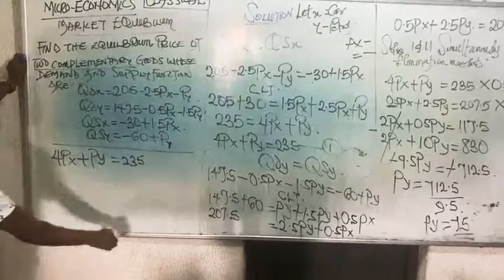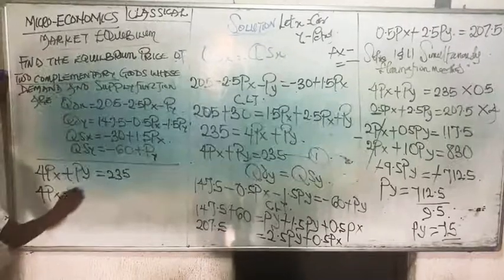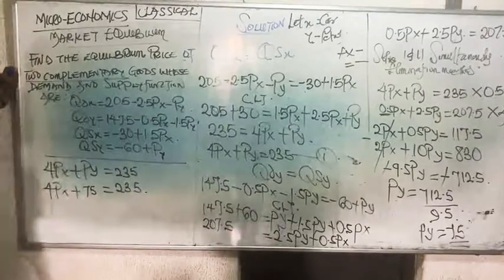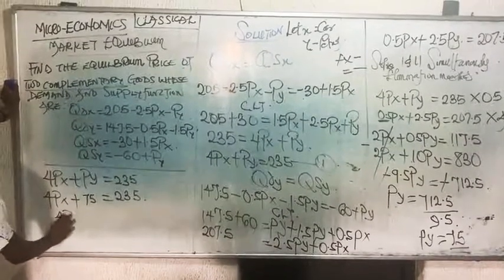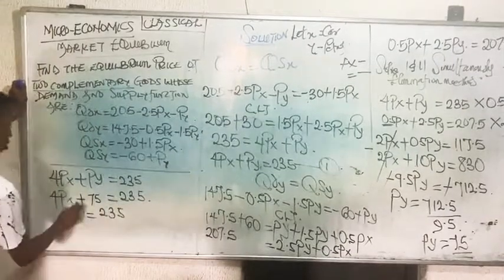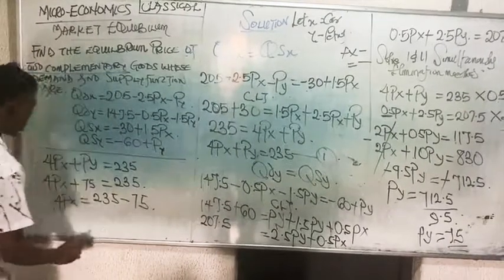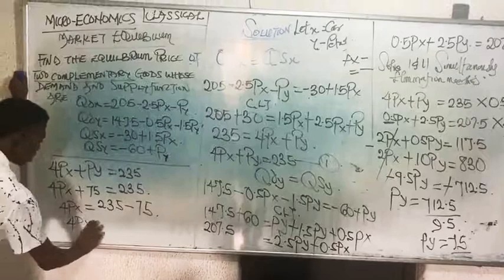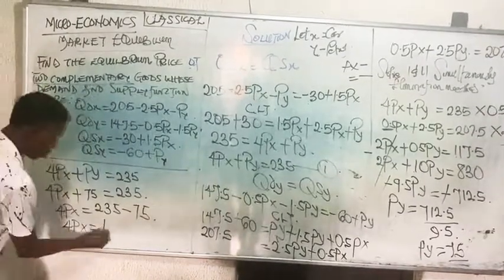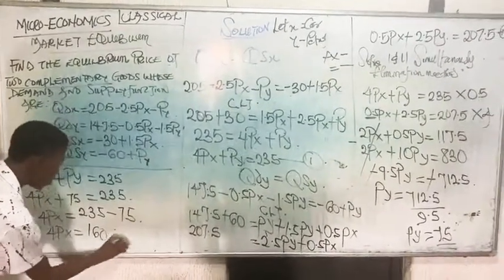The value of Py is 75, so 4Px + 75 = 235. This 75 crosses to the other side as negative 75, so 4Px equals 235 minus 75, which is 160.